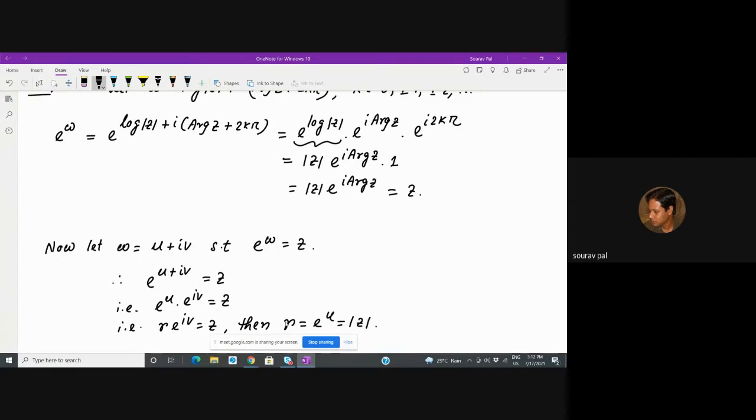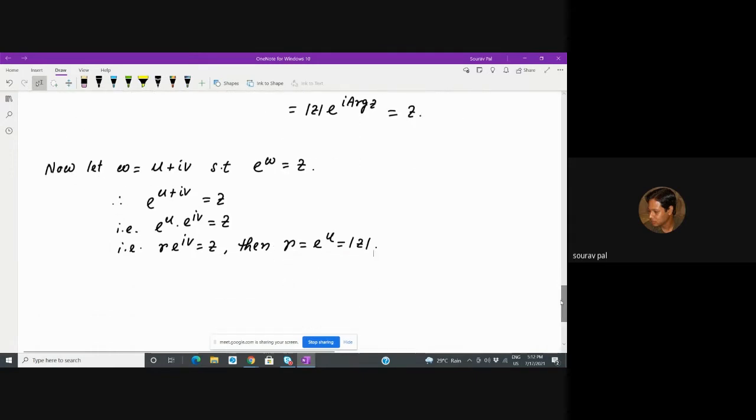This is the polar representation of the complex number z. And what can you say about u? This u is a real number. So from our knowledge of the real number system, how does u look?